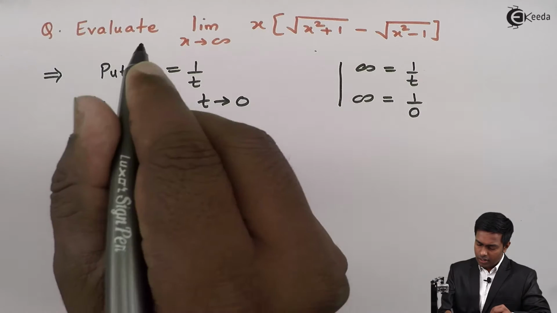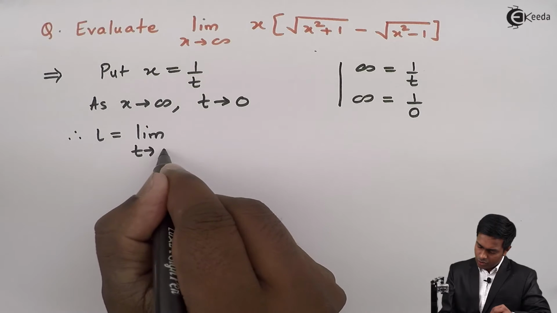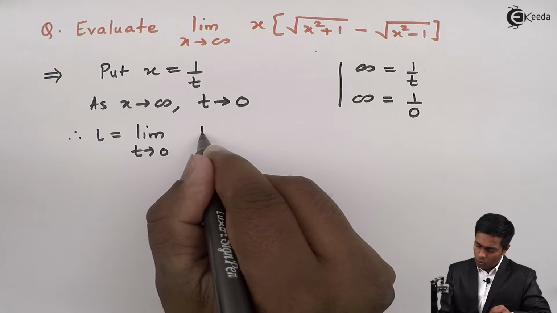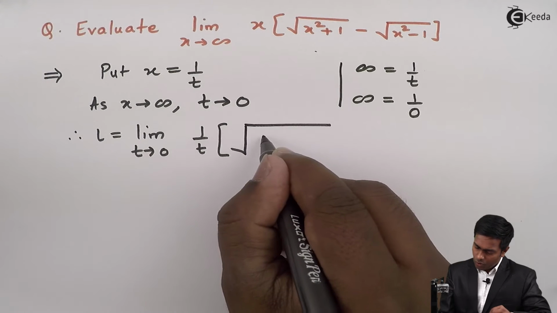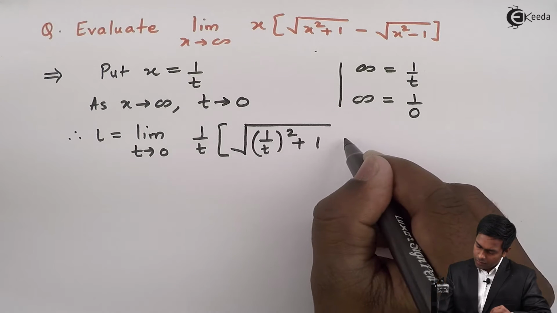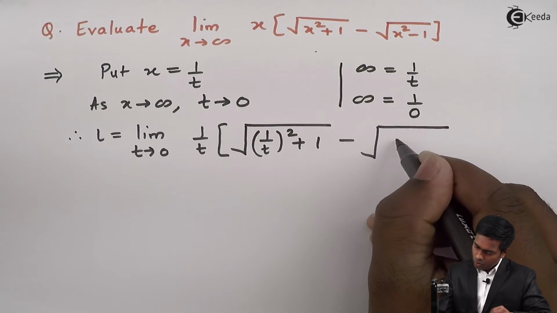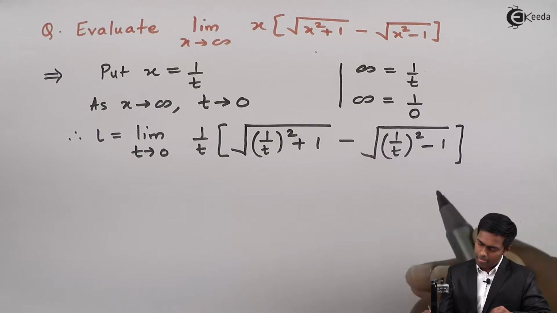So therefore this limit L will become limit t tends to 0. This x is 1 by t, inside the bracket square root of 1 upon t the whole square plus 1 minus square root of 1 upon t the whole square minus 1.